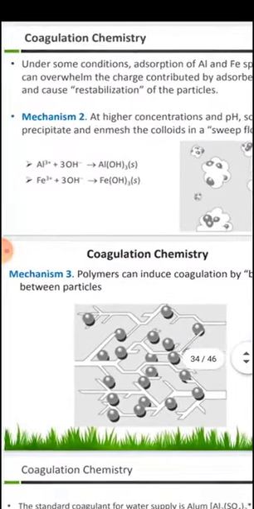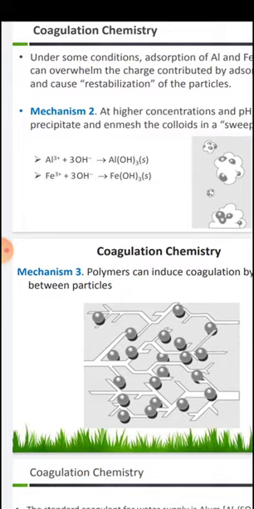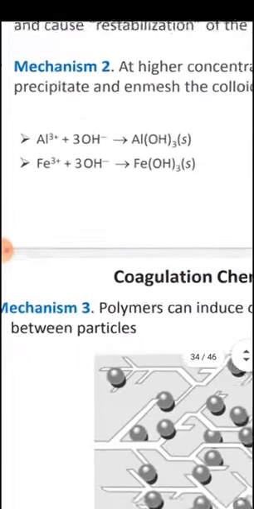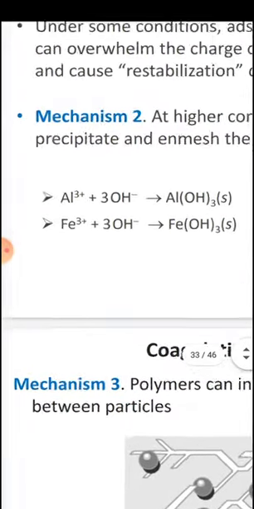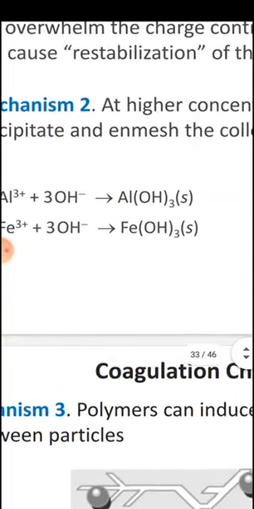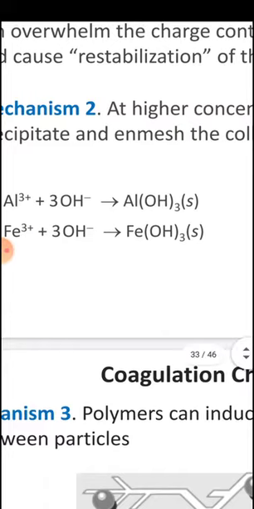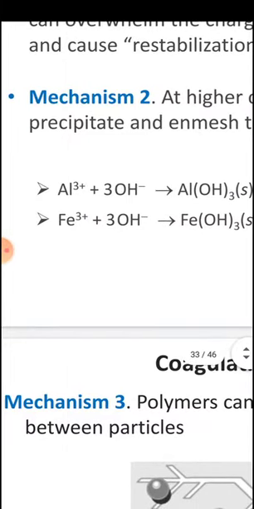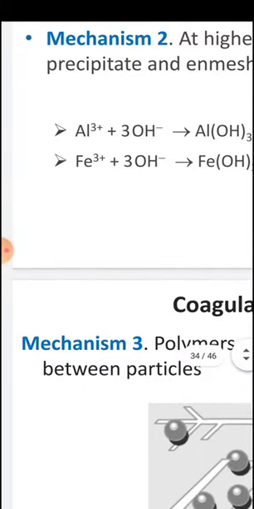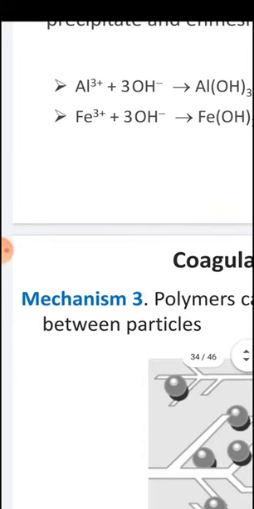As mentioned here, these salts are added to the solution, and then they combine with the hydroxyl groups, and finally hydroxide precipitates are formed, with the help of which we remove these particles.